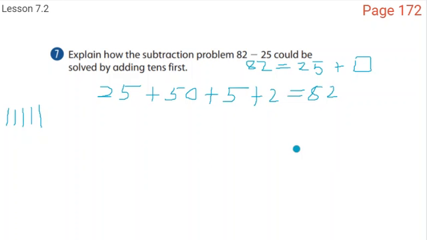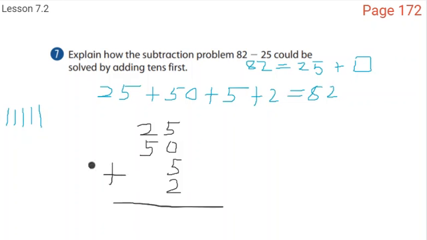Now, you can add them all up like this, going sideways, and let's stack those numbers. I like stacking the numbers like this. So I have 25, and then 50. Notice how I'm keeping my tens aligned and my ones aligned, plus 5, and then plus 2. Okay, I want to draw my line down the middle.